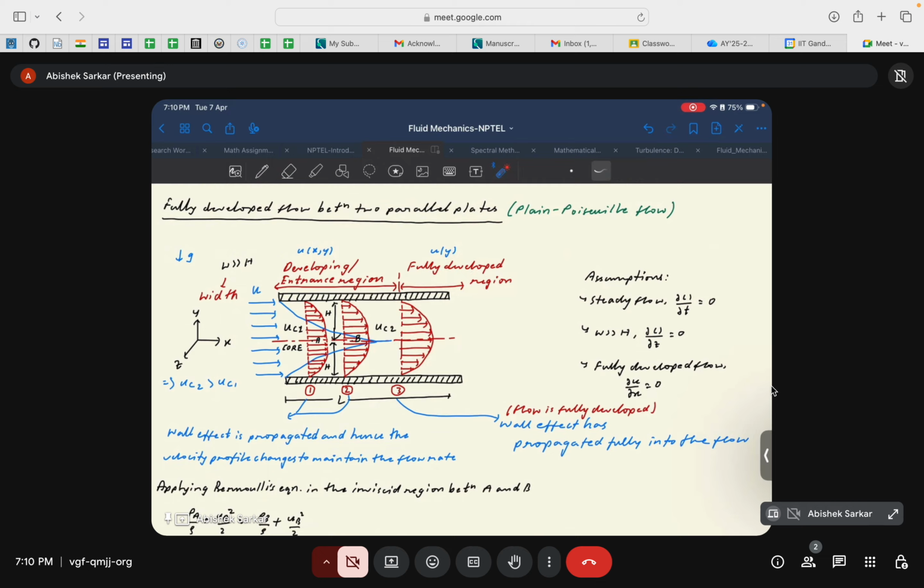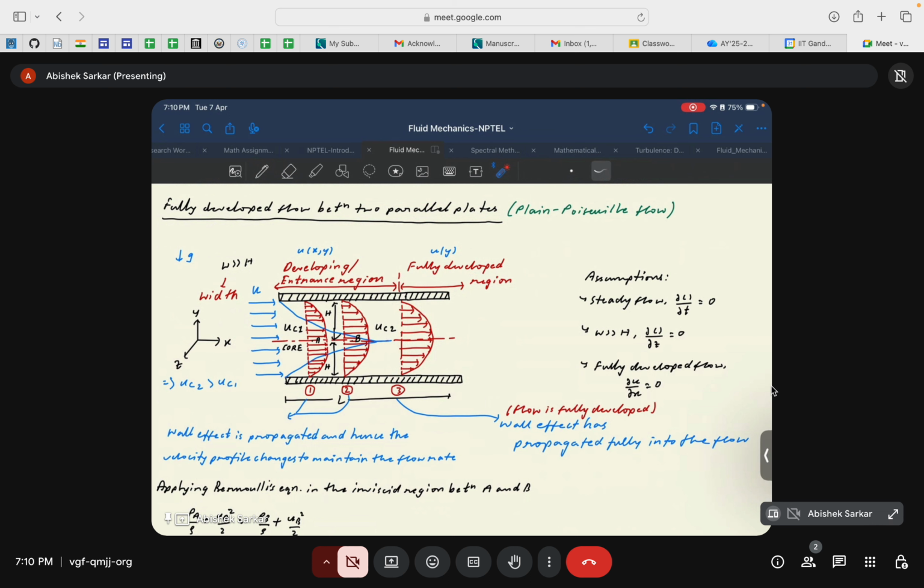Basically this velocity profile does not change as we move further in the x direction. So after the flow is fully developed, ∂u by ∂x would be equal to 0. There is no change in the velocity profile along the x direction.